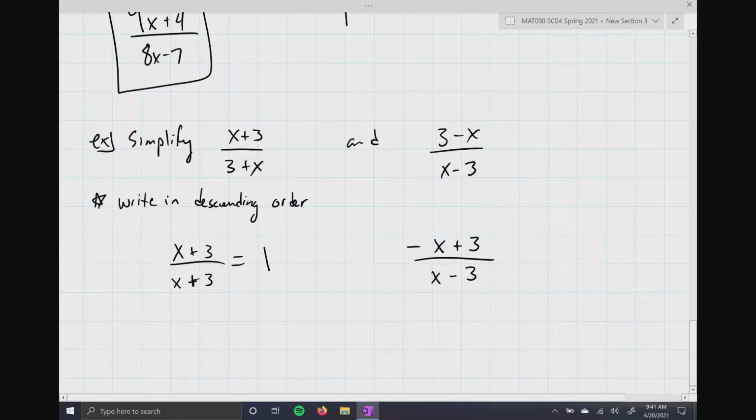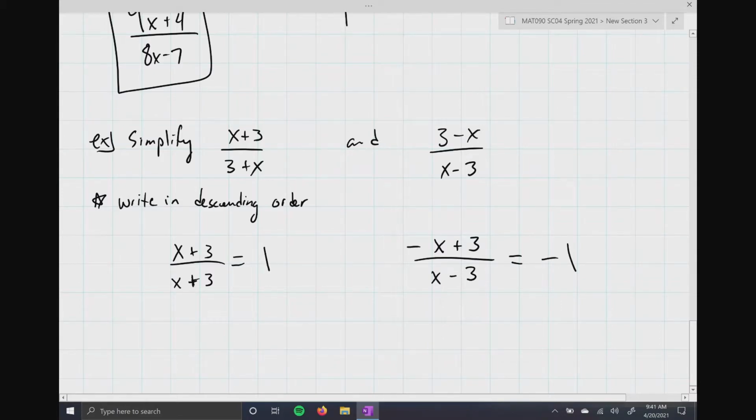And that something is, if you look at the x's, they're the exact opposite sign. And if you look at the 3's, they're the exact opposite sign. So what's the opposite of 1? I know it's a hard question on a Tuesday. Very good. So this is going to equal negative 1.